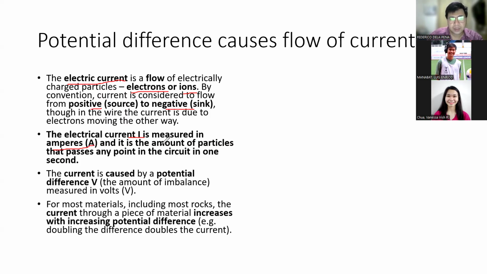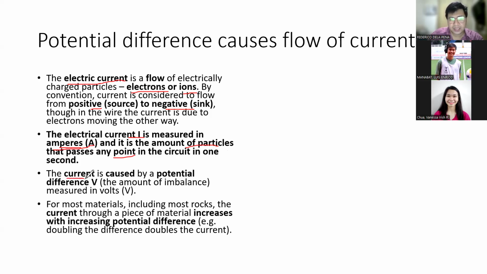Amperes refers to the amount of electrical particles passing a point per second. So amperes is the rate of how many electrically charged particles are passing per second.